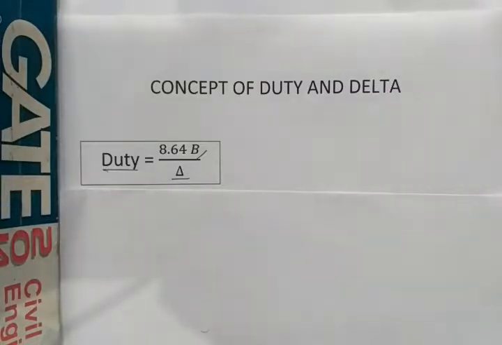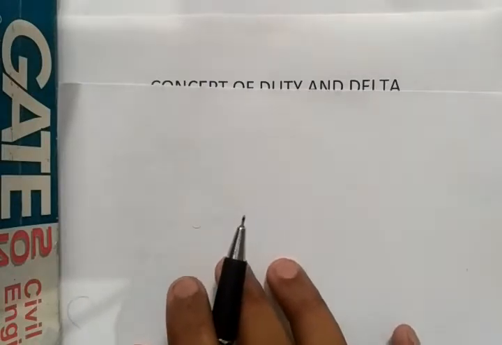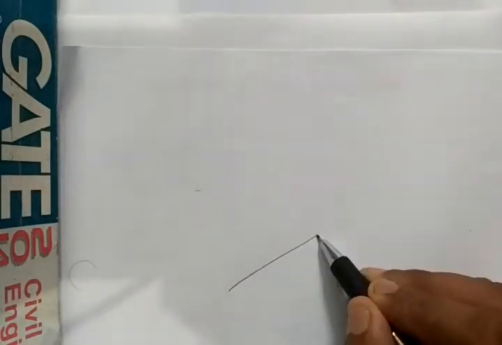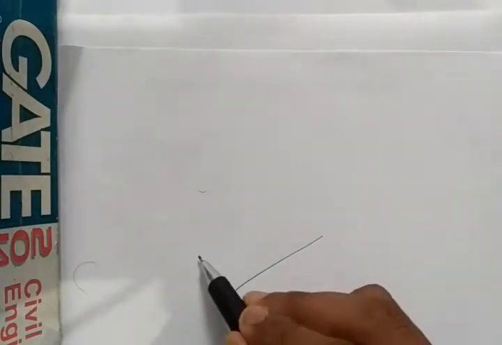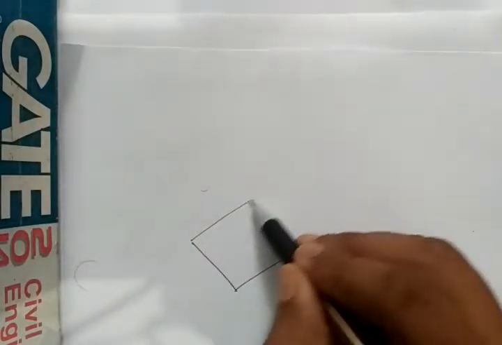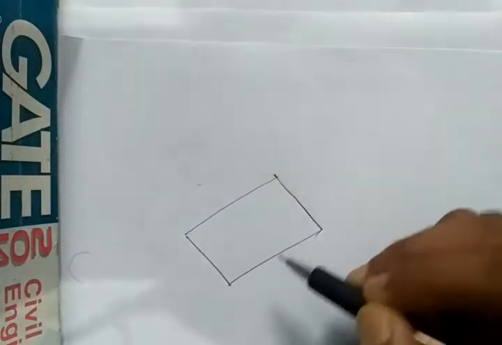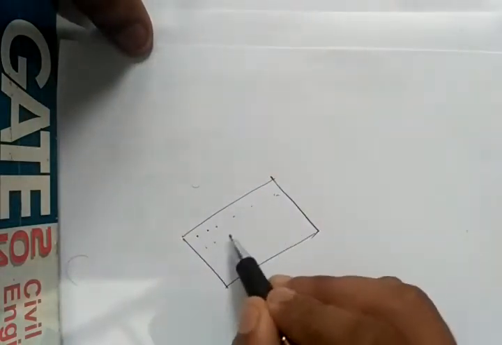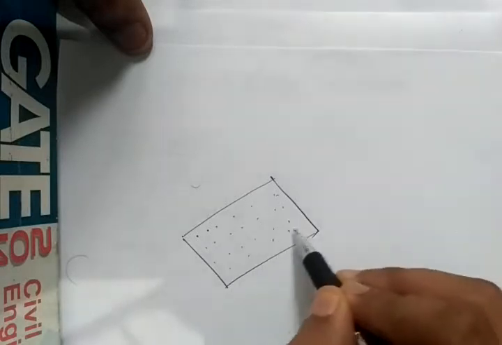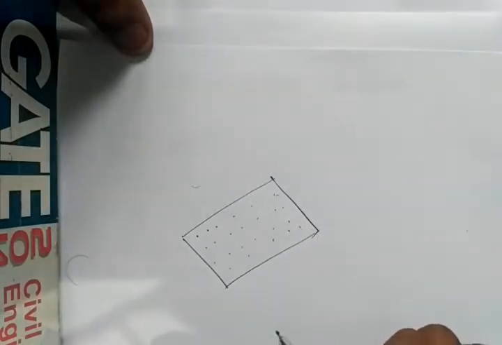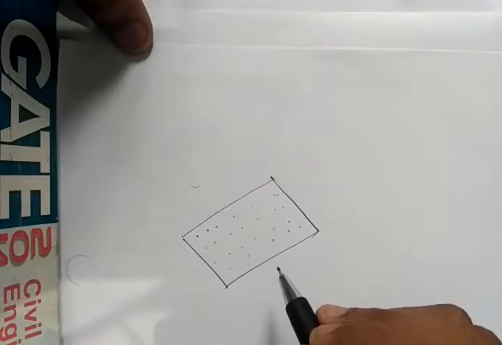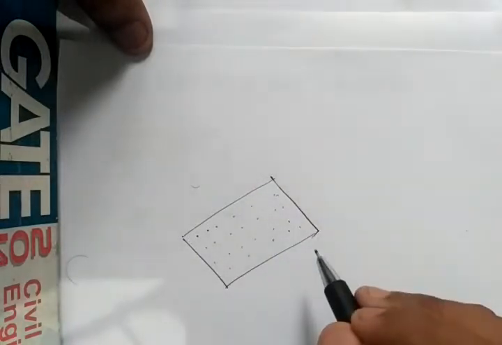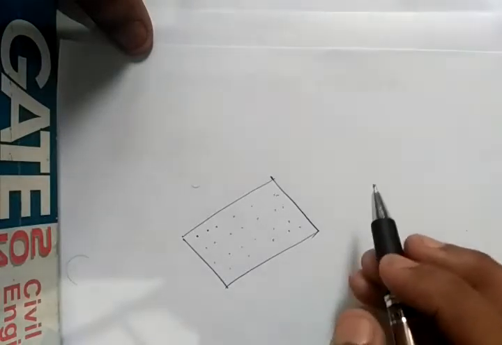Okay, so for that we need to draw an area. So you have an area of land A. To cover this area you need to plant something, let's say it is rice. For growing rice you need irrigation.